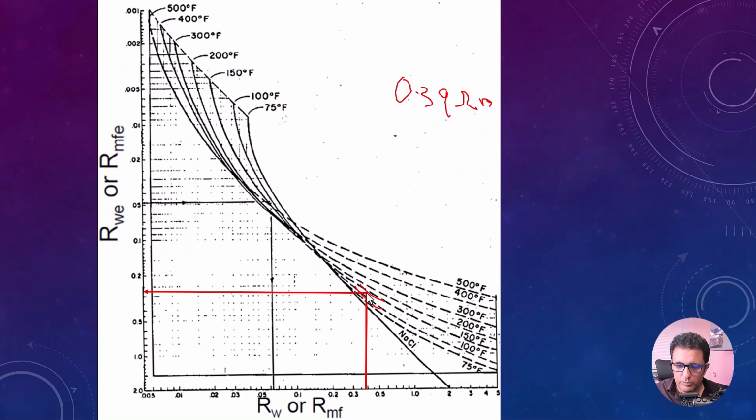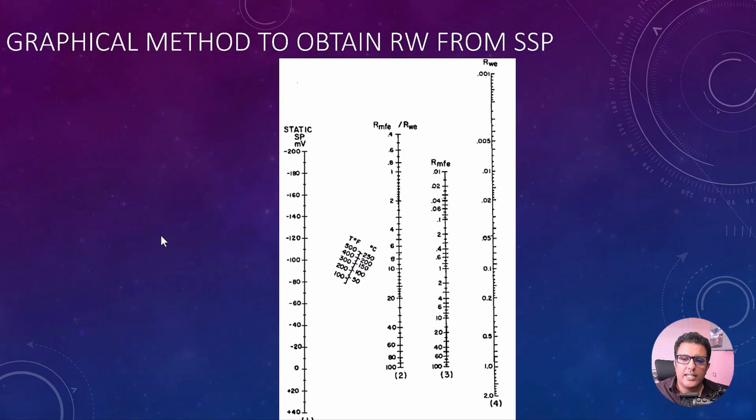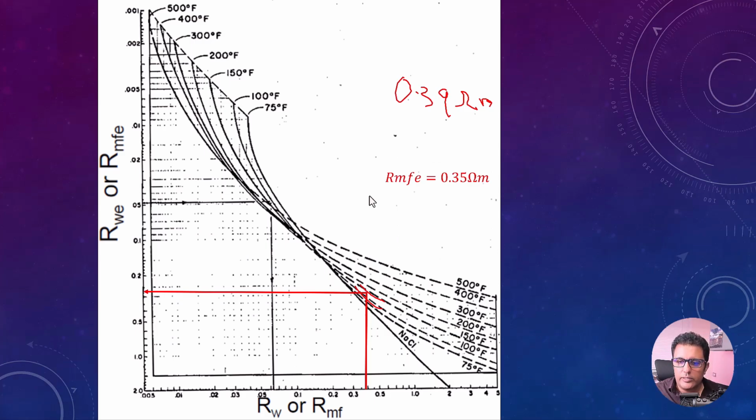By some interpolation, we find that point and draw a line to cut the value of RMFE on the vertical axis. And if we do that, we notice that here is the value that we find for RMFE.